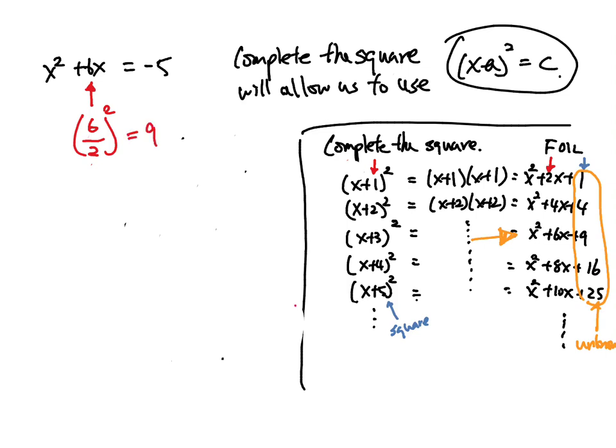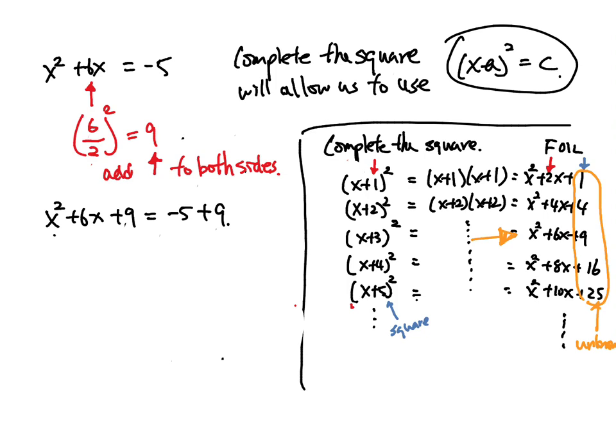And I'm going to add this to both sides. And if I do that, I get x squared plus 6x plus 9 equals -5 plus 9. Right? I added 9 to both sides, so I'm not changing the problem, not changing the question.